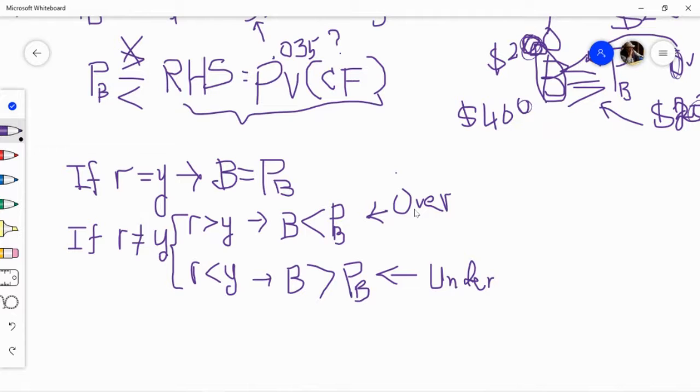After Apple had another split in 2020, I bought probably 20 or 30 shares, whatever.